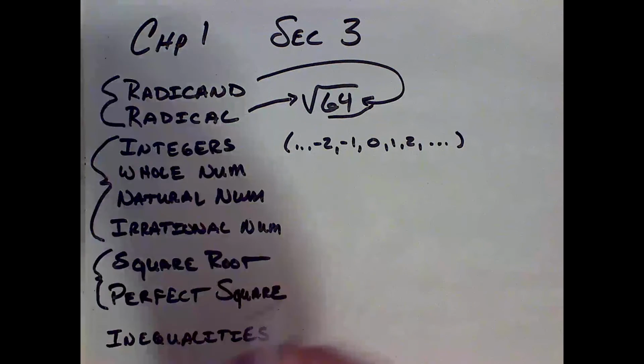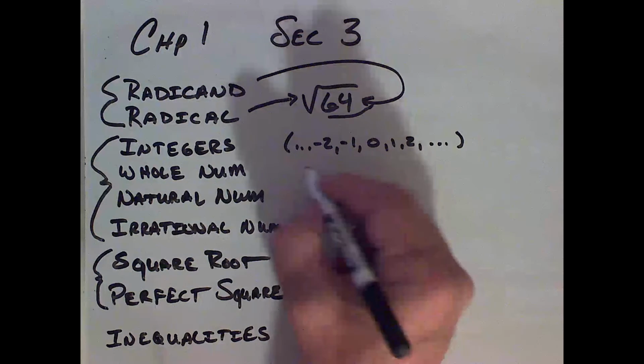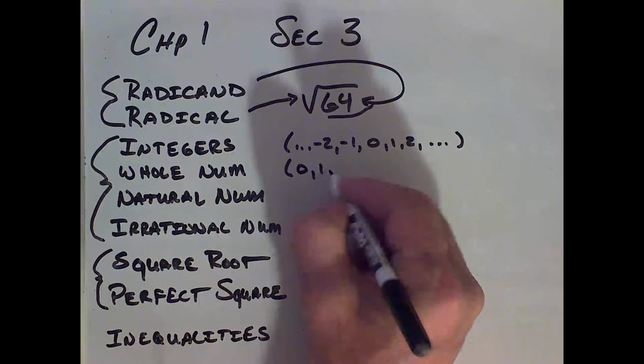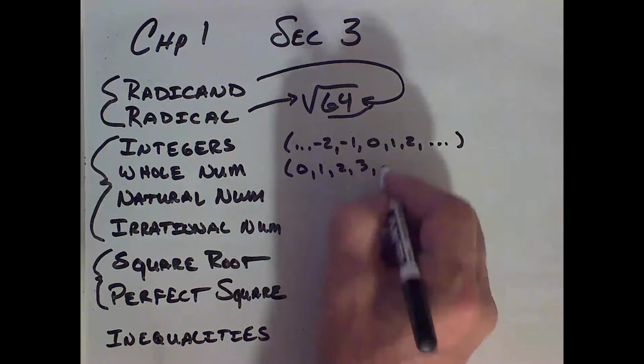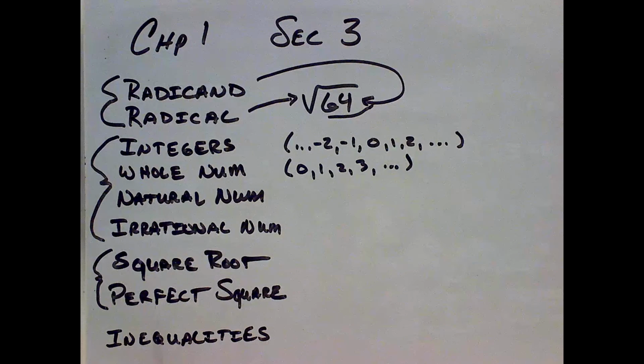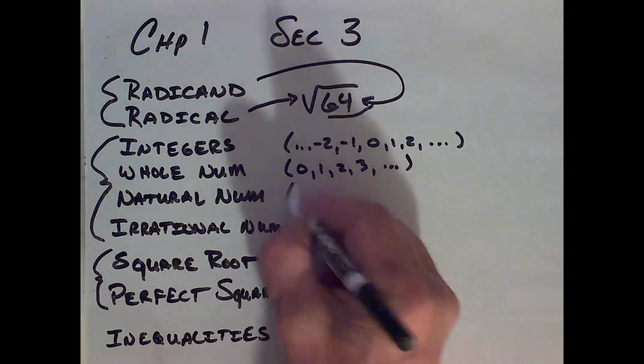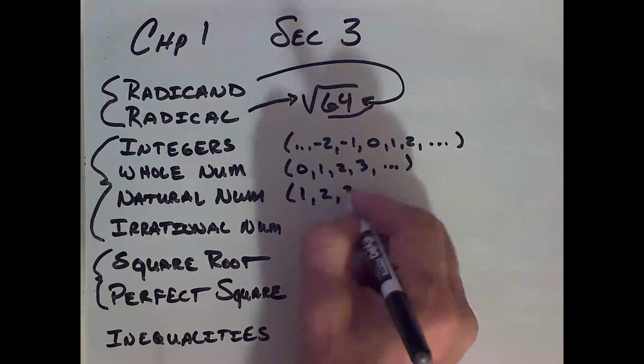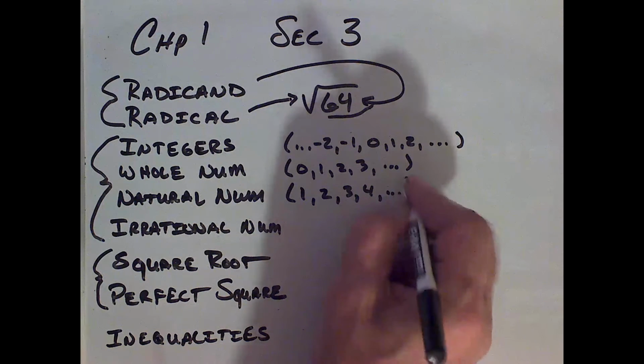Whole numbers are the numbers that start at 0 and go upwards: 0, 1, 2, 3, and it keeps on going. Natural numbers start at 1 and go positive: 1, 2, 3, 4, and keep on going.